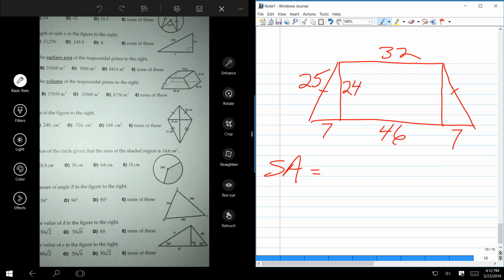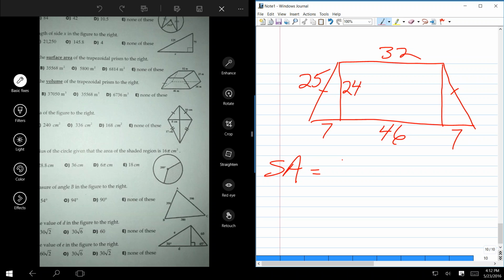Let's start with that trapezoidal face. What's the area of both it and its opposite side? Because it says it's a trapezoidal prism, so not only does that have to have exactly the same dimensions, but it's parallel with this one. What's the equation for the area of a trapezoid?